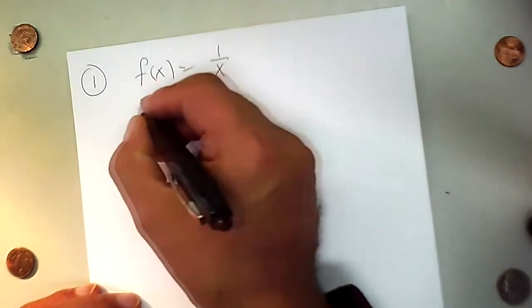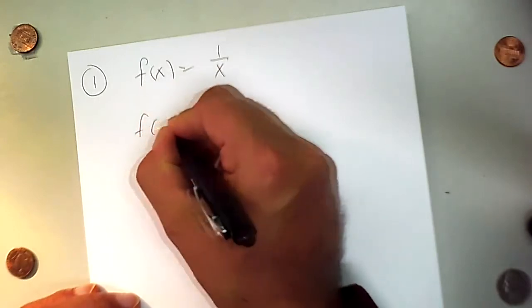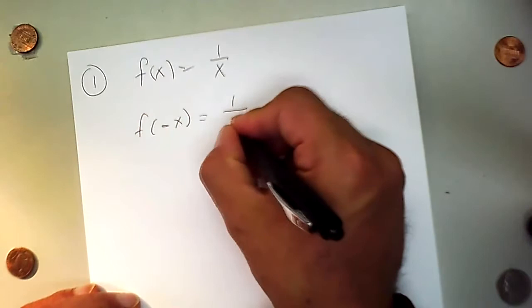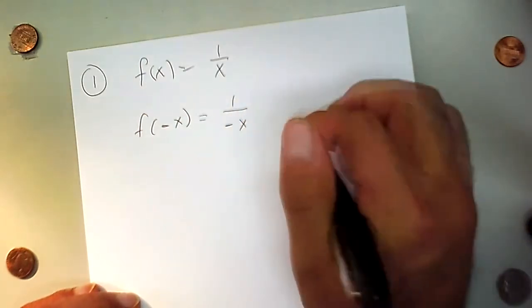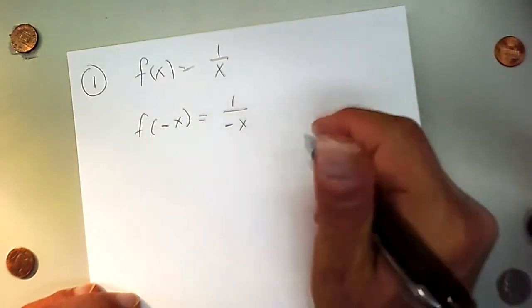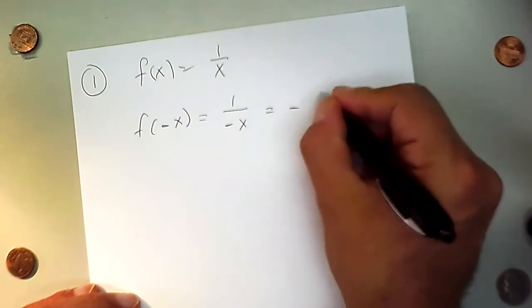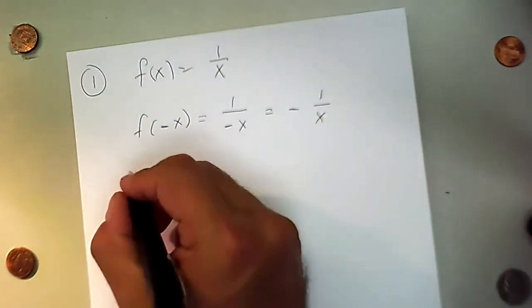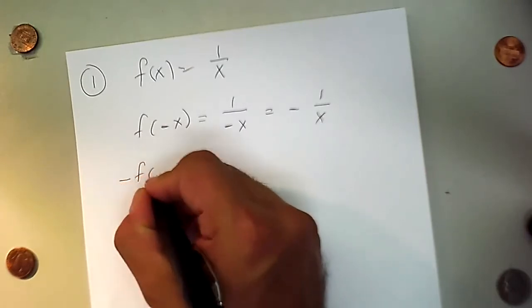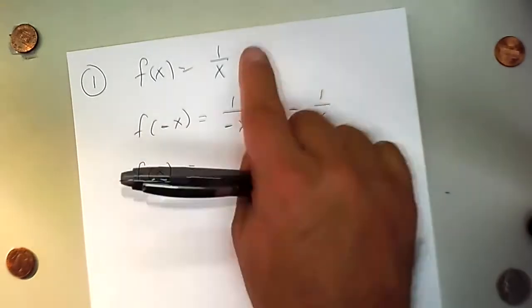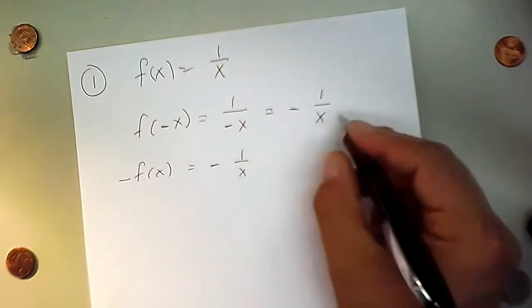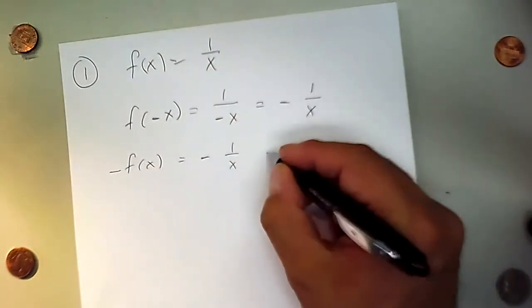Notice that f of negative x will be 1 over negative x. And then we can move the negative out. So this is negative 1 over x. While negative f of x is, if you start out with this function, just put a negative in front. And notice that those two are the same.